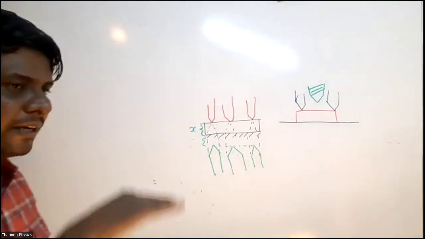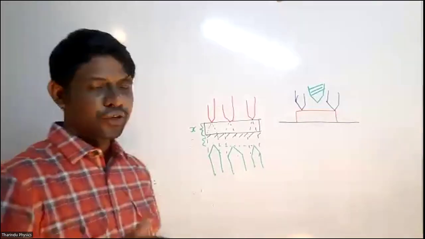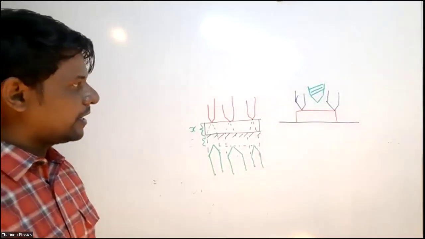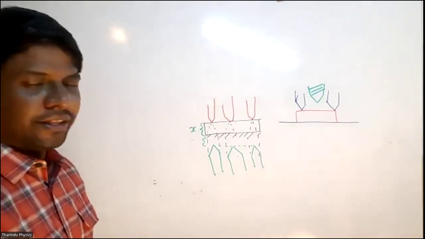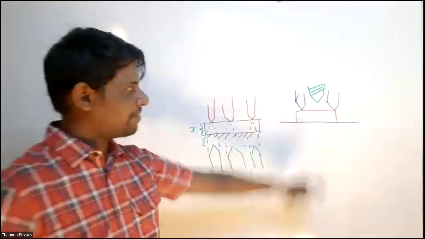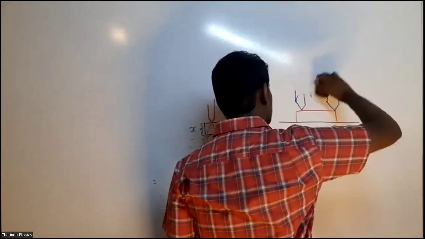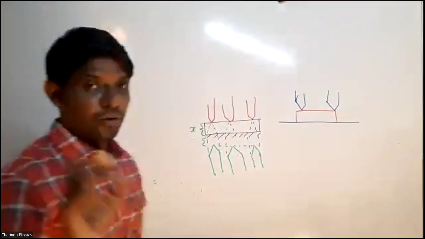Now lower the middle screw. Lower the middle screw until it touches the glass surface. Do it slowly. Do it very slowly.